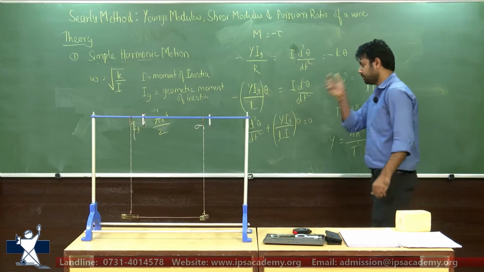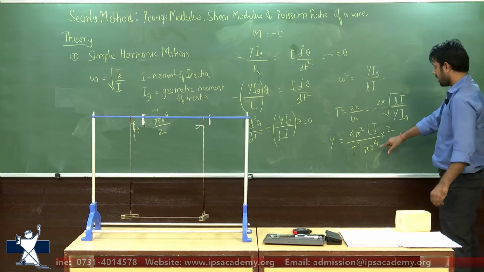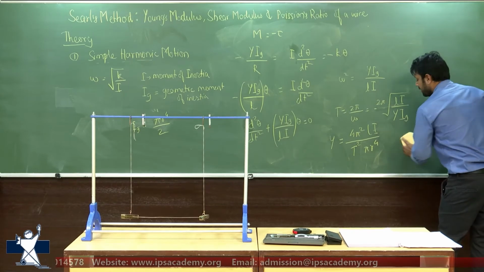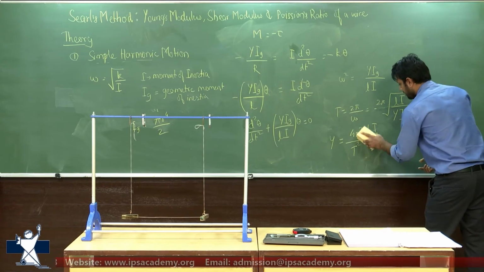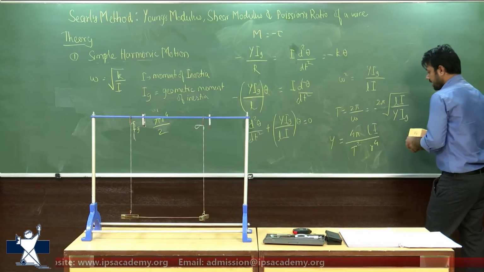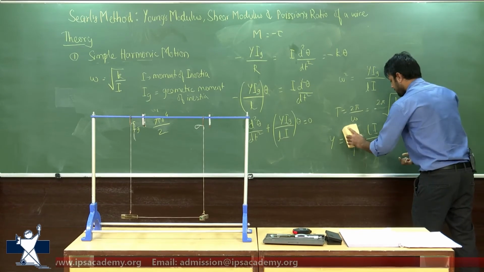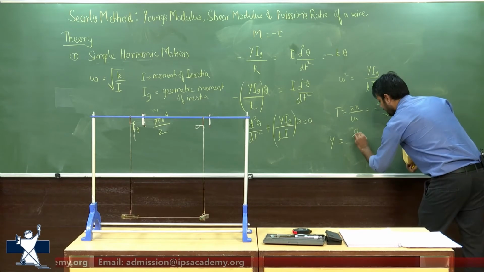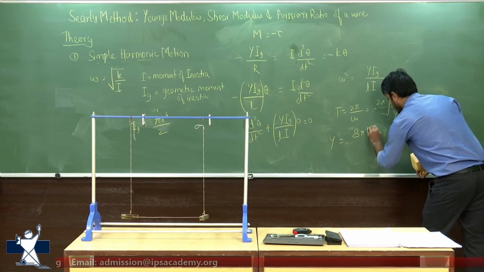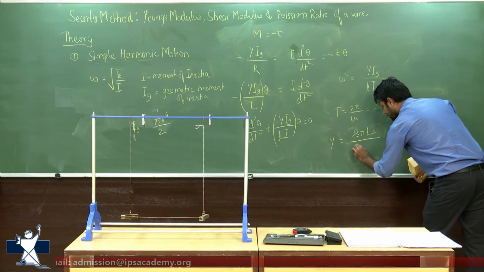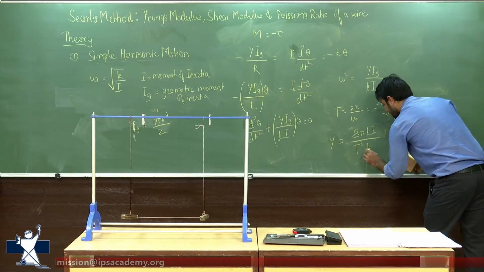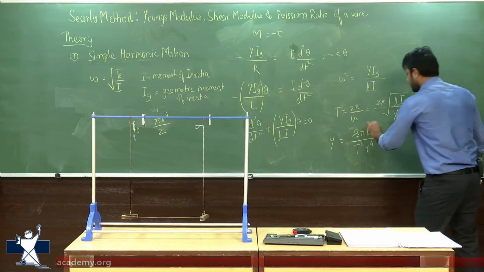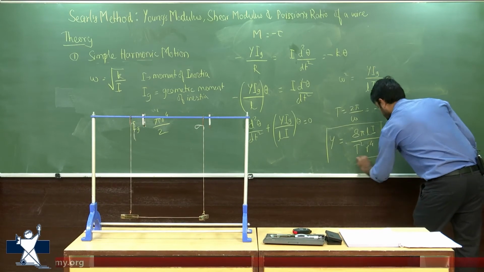Okay. So I am going to put this formula here. So pi will get cancelled, and this becomes 8 pi L I by T square r to the power 4. Okay, so this is your formula for Young's modulus.